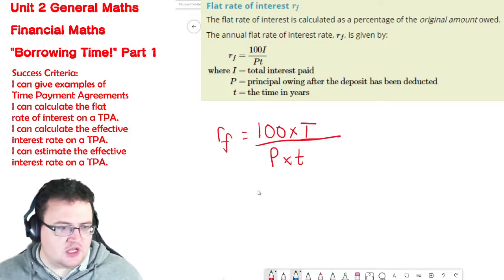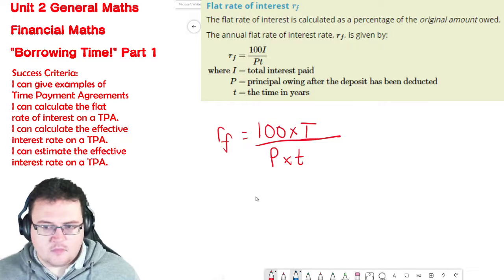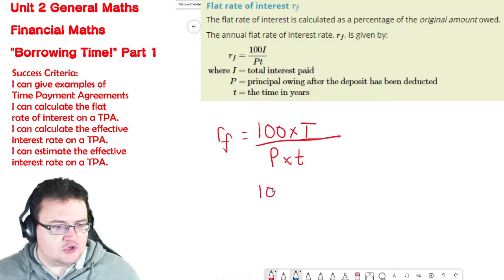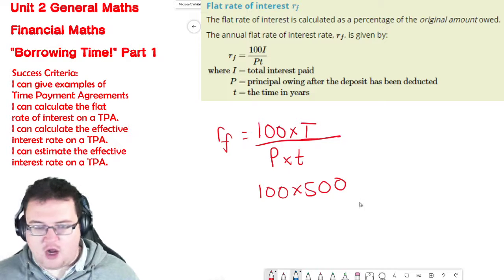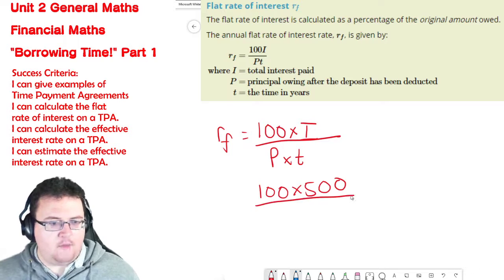So it's 100 times 500, because I ended up paying them back $500 in interest. I borrowed 2,500 to begin with, and it was over a year.